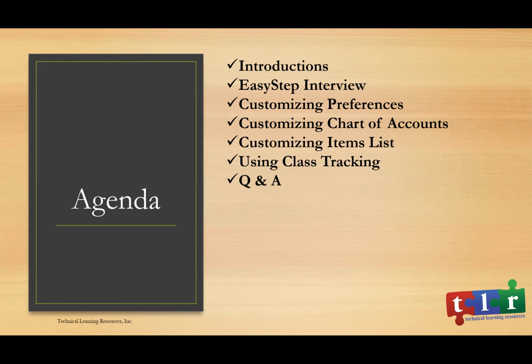We're going to talk about how to customize preferences in QuickBooks. This is basically how you turn features on and off in QuickBooks. Customizing the chart of accounts list, which is very important in terms of categorizing your business transactions.